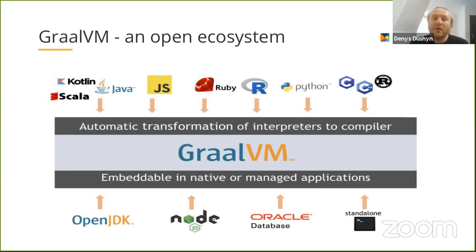Also, the Graal platform provides additional capabilities and features that allow running applications written in different languages. First of all, it's bytecode targeted languages such as Kotlin, Scala, or Java. And also it's possible to run programs written in other languages such as JavaScript, Ruby, R, or Python. Even in some cases and for some programs, it's possible to run programs written in C and C++.